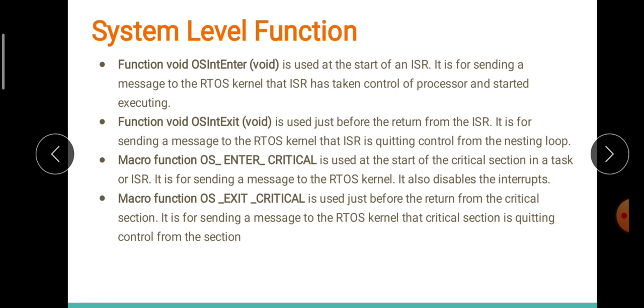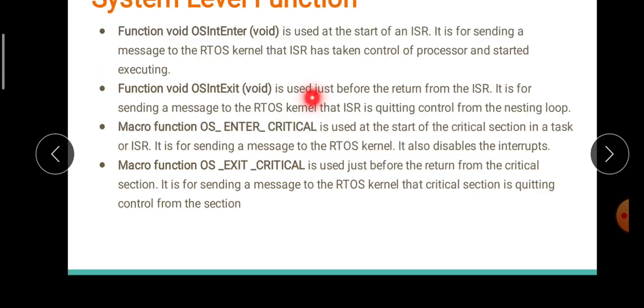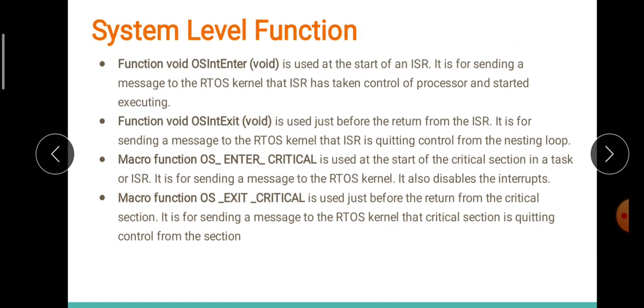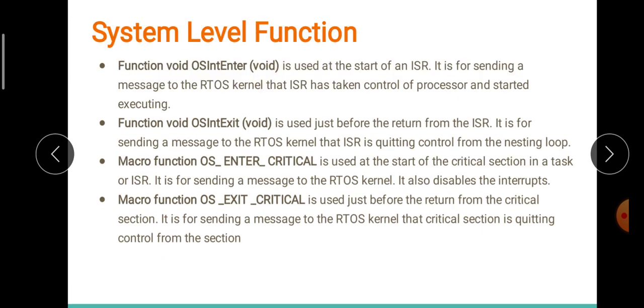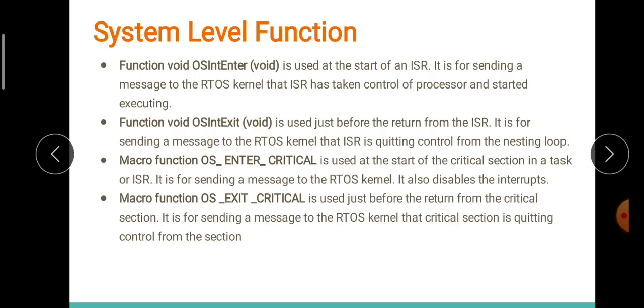It's just a message to your operating system that okay, I have completed my task, right? So we had one function to signify that the operating system has given its control to your interrupt service routine, and similarly you have this function to realize that your interrupt has exited from your loop.